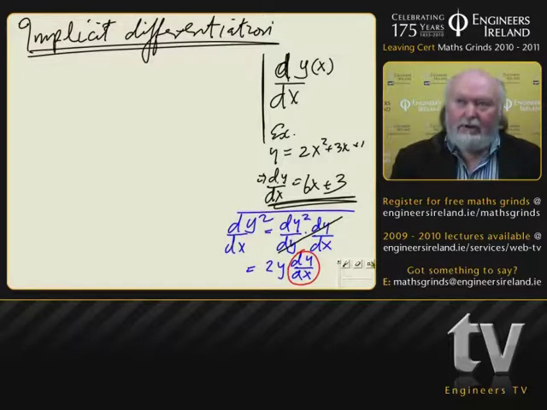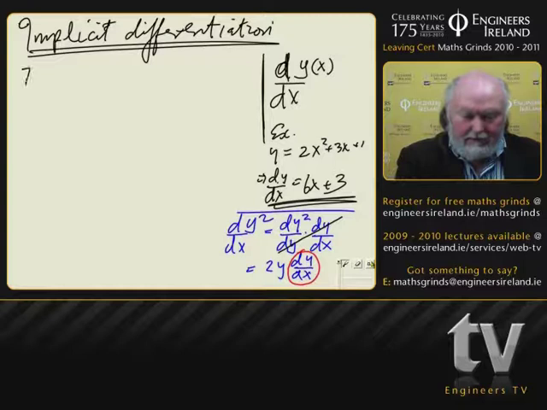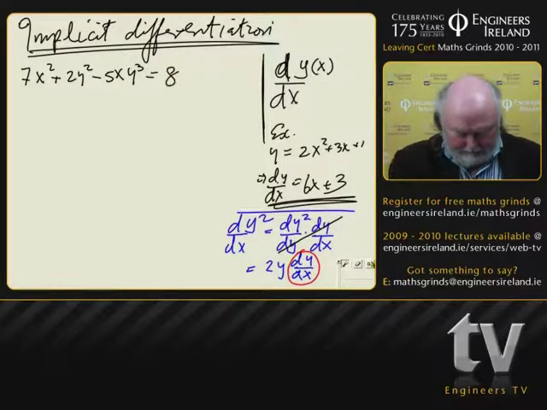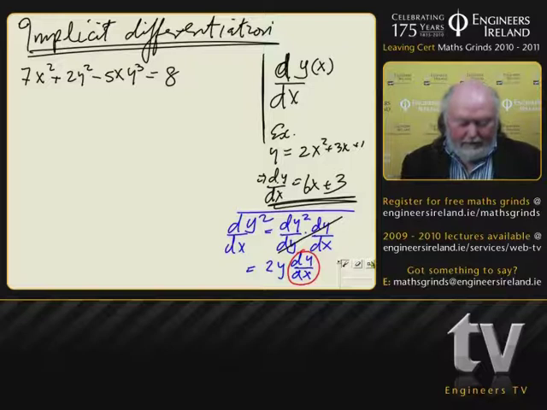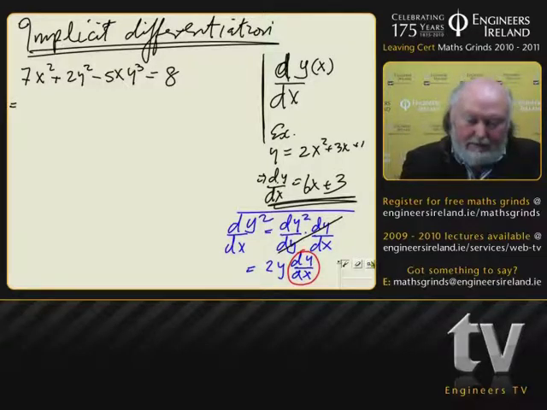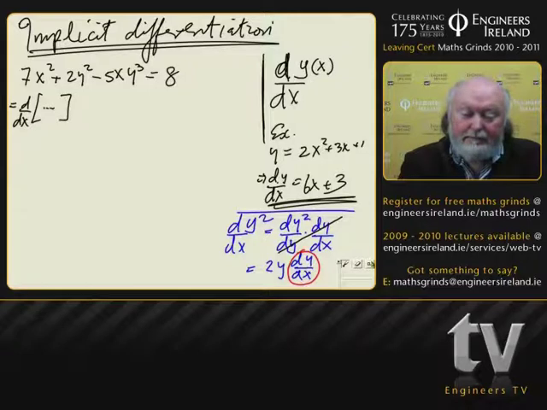The kind of things that we're given in this implicit stuff is 7x squared plus 2y squared minus 5xy cubed equals 8. We want to find dy dx. So we'll say it's equal to the d/dx outside of all of that stuff.